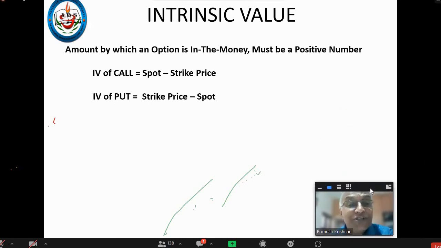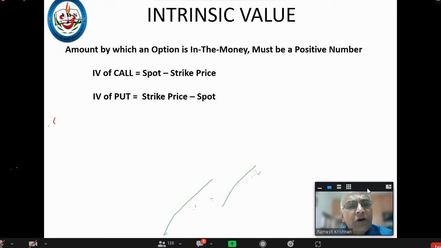Intrinsic value of a put, the right to sell, is strike price minus spot. The market is going at 75 and the strike price you have chosen is 78, so you get 3 rupees profit in the put option. Similarly, on the other side, the market is going at 75 and you have chosen a strike price of 70, so you let it expire.